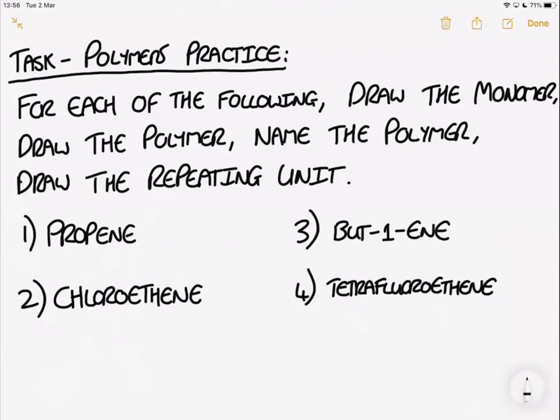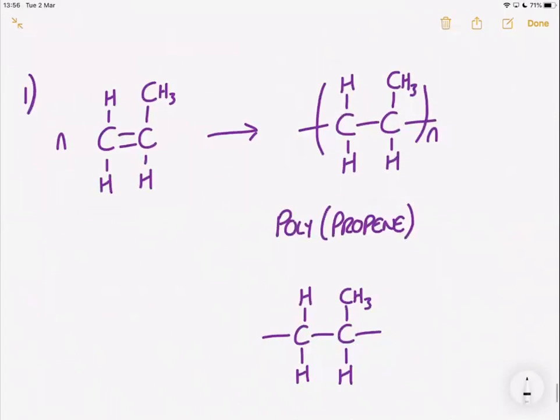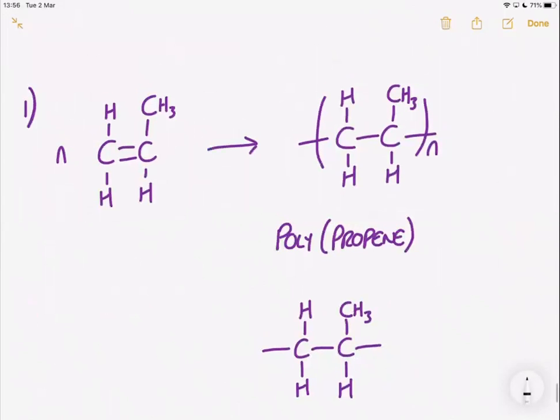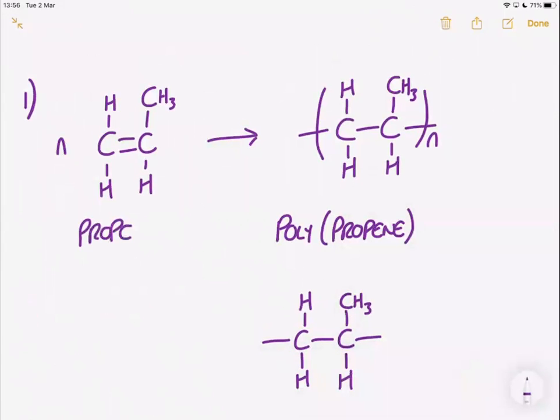Okay, so, the first one to discuss is propene. So here's our monomer. And we might as well discuss this. See how I've drawn it? Because I am trying to address polymer diagrams, there's a particular way in which you should probably draw these things.